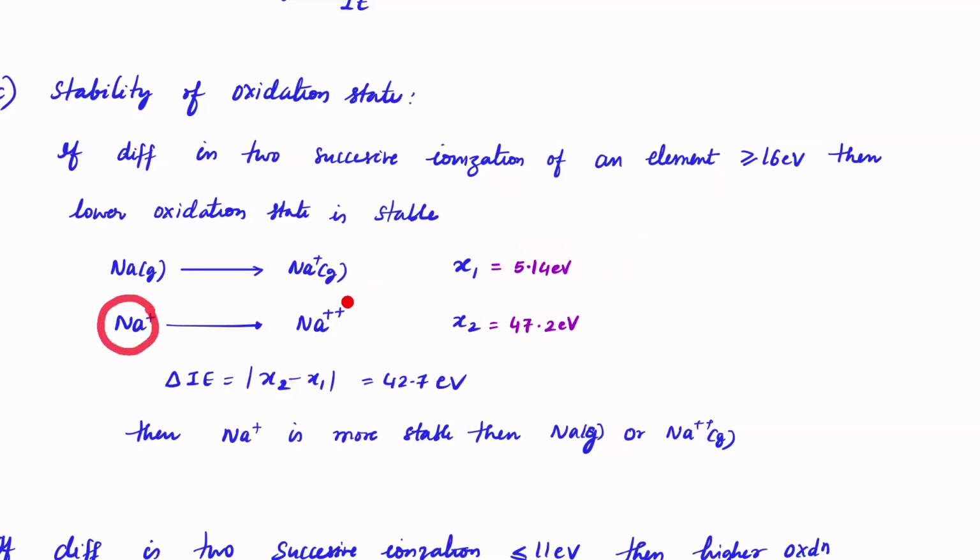But to convert Na plus into Na double plus, we require 47.2. So the difference is almost 42 units, which suggests that removing the second electron is a very, very challenging task for Na plus. Therefore, when it comes to stability, Na plus will definitely be more stable than Na2 plus. Got it?